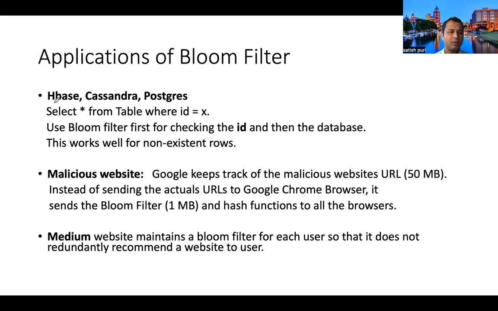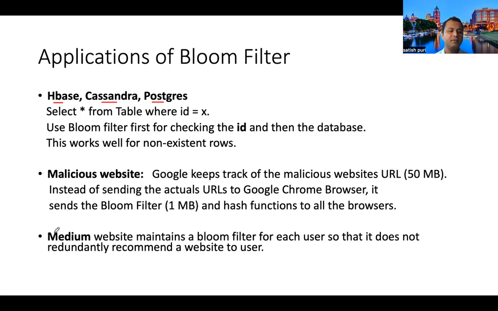We also saw some applications, like tools in databases, like Postgres. Cassandra is a big data system. HBase is a distributed database. So many software use Bloom filter. We also saw some examples of malicious websites, and this example we did not see.